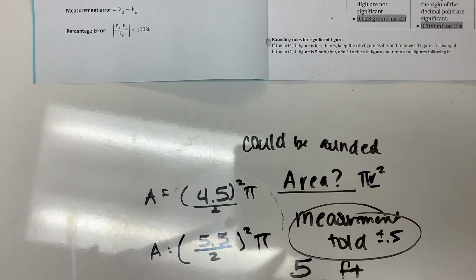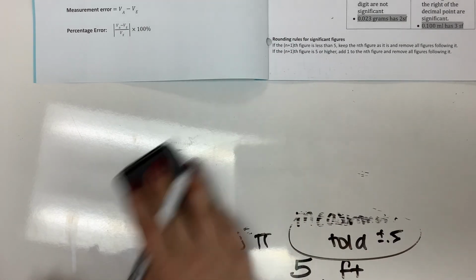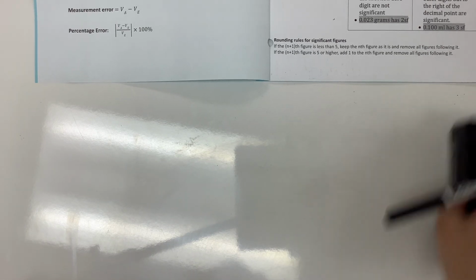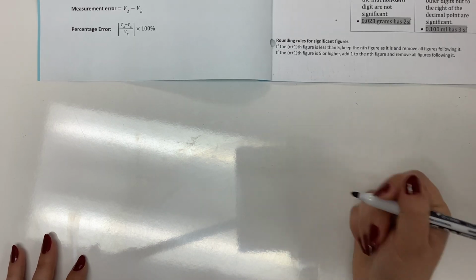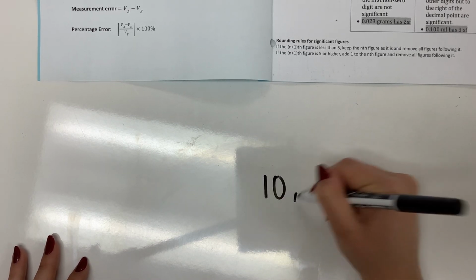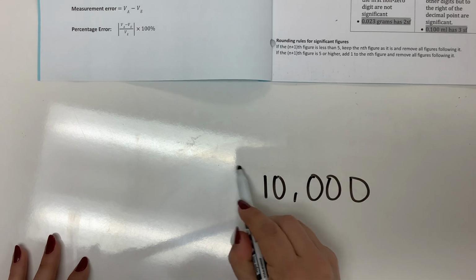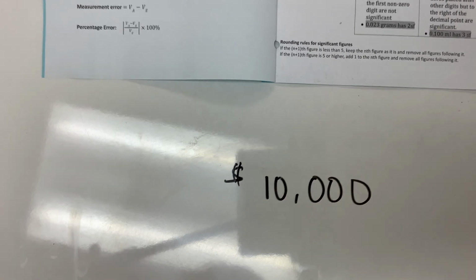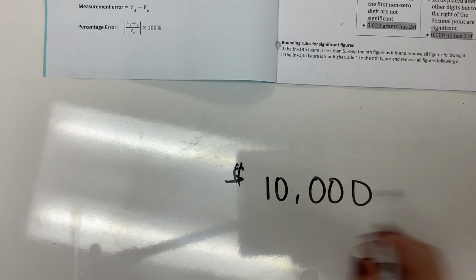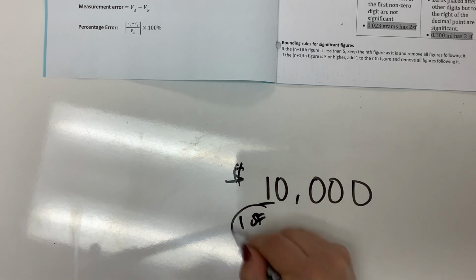The last thing that's kind of tricky is that sometimes it's not 0.5 of something, because sometimes it has to do with the significant figures. Let's say, I'm just making this up, I really apologize, something costs about $10,000 a year. This is my 1 sig fig.